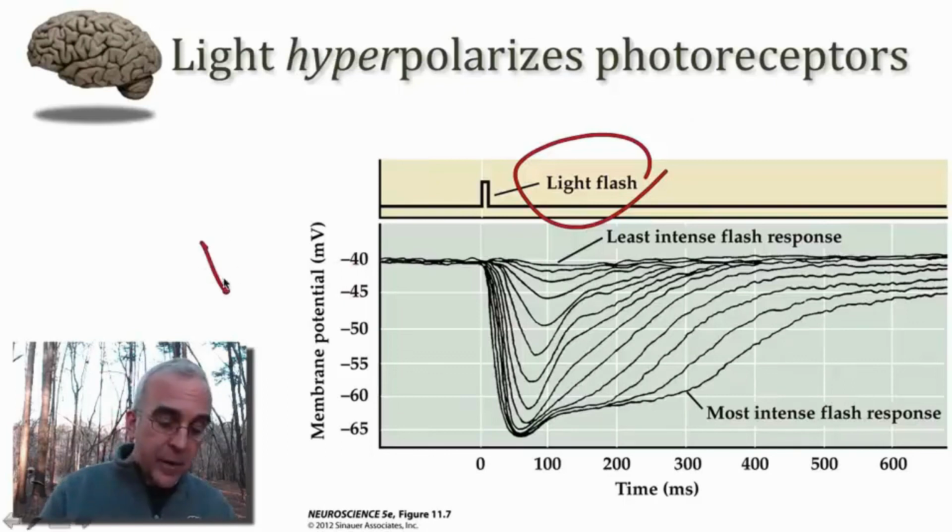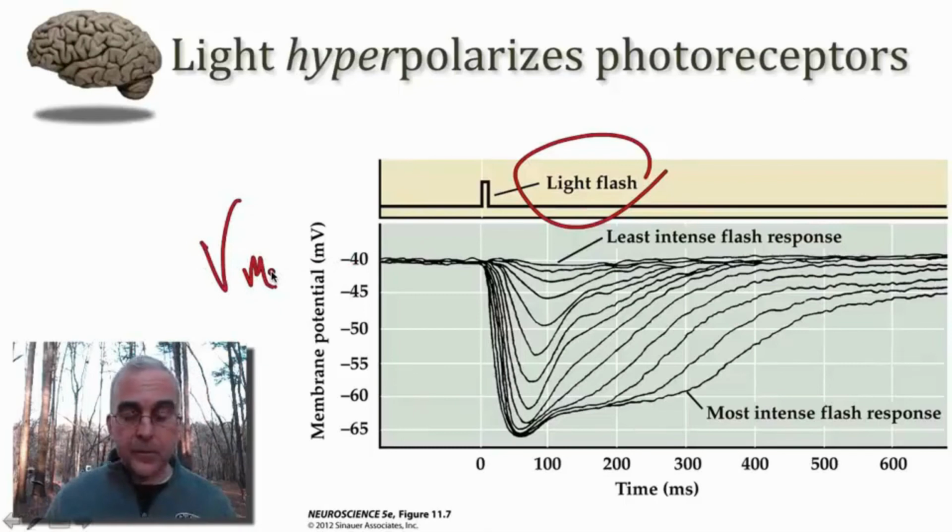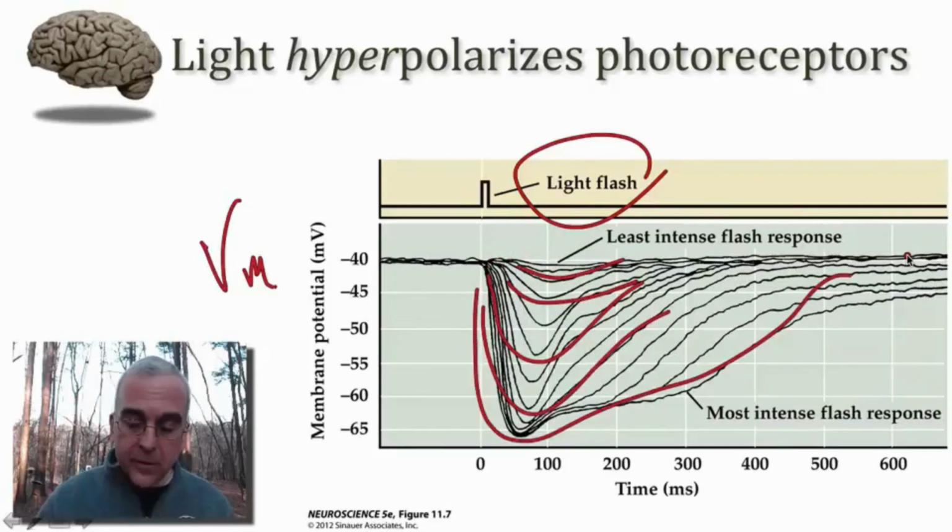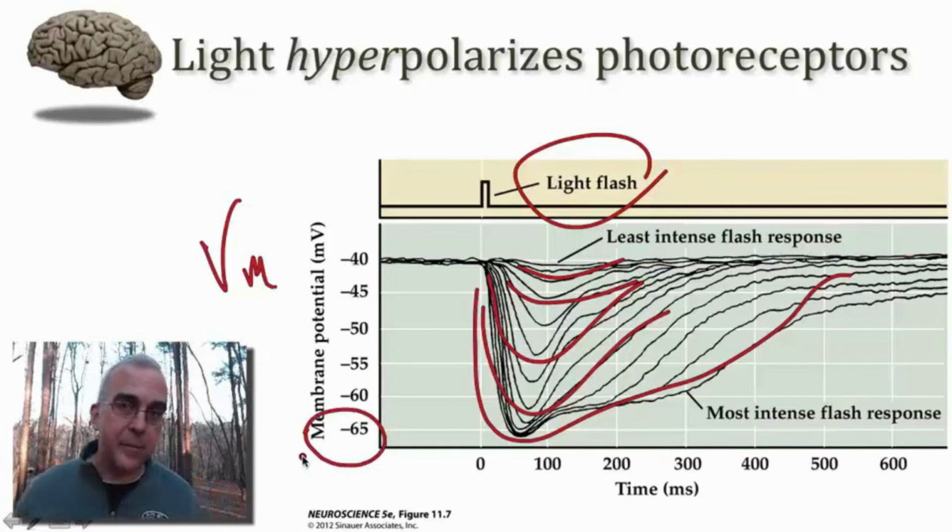Again, the resting membrane in the photoreceptor is around minus 40 millivolts, and the response to light striking the outer segment of the photoreceptor is hyperpolarization. And with increasing intensity of light, we see a deeper hyperpolarization, perhaps down to about minus 65 millivolts.